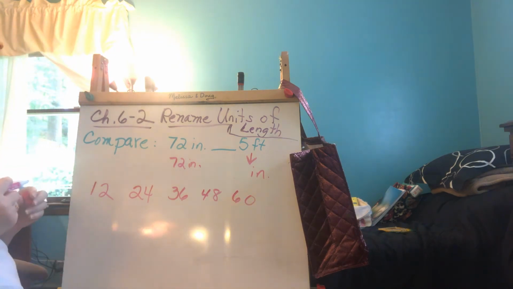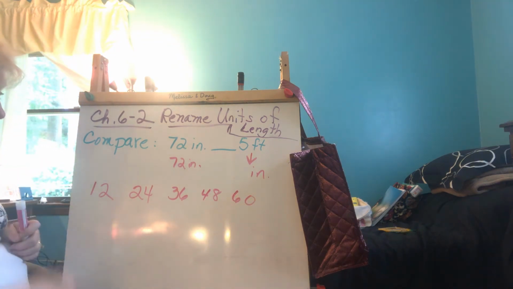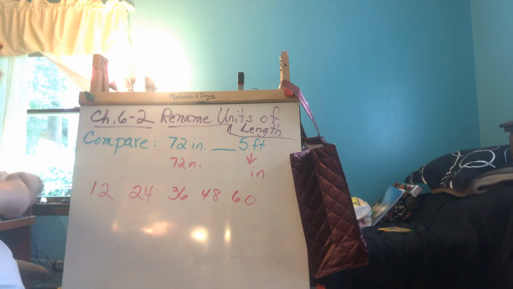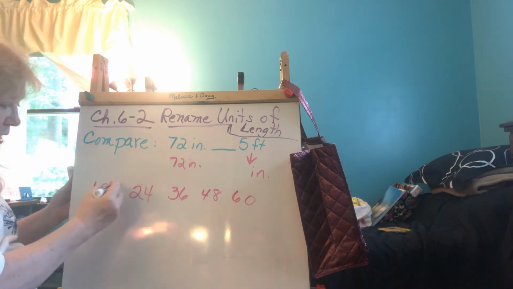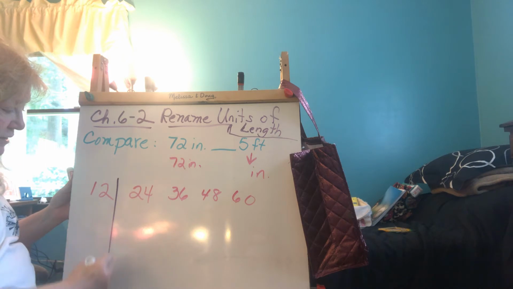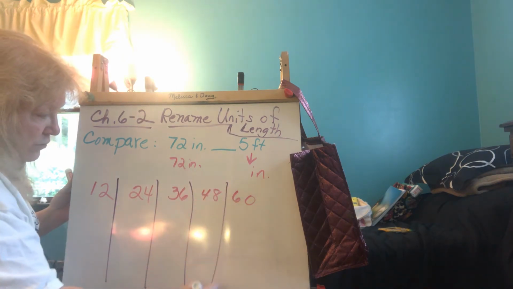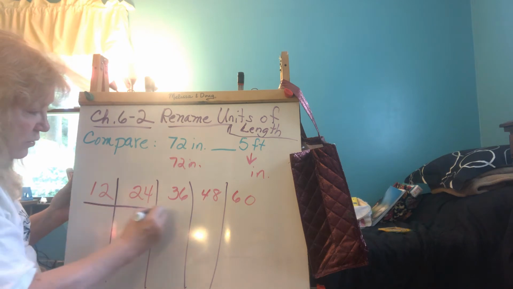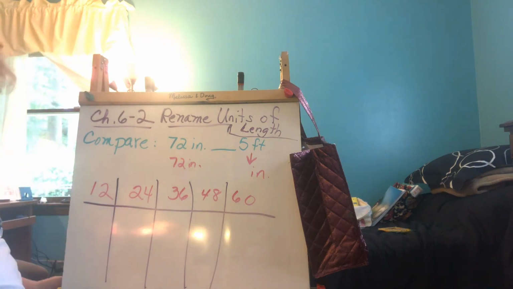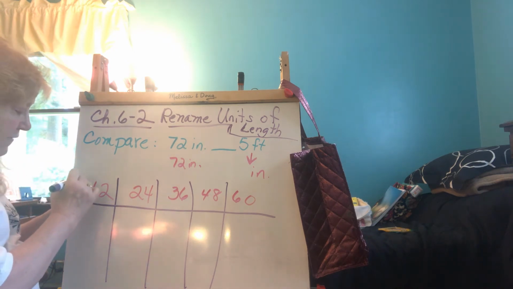So sometimes it's helpful for us to make ourselves a table, and write it down so that we don't have to try to figure this out every single time we want to do this conversion. So on the top, we have inches.